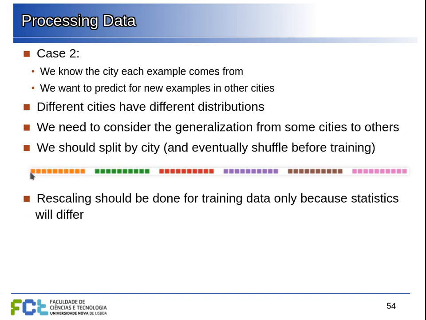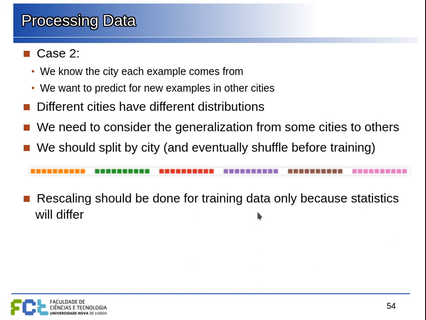And we should also split our data when we consider training, validation, test, or cross-validation. We should make sure that the points that come from the same city do not fall into different subsets.